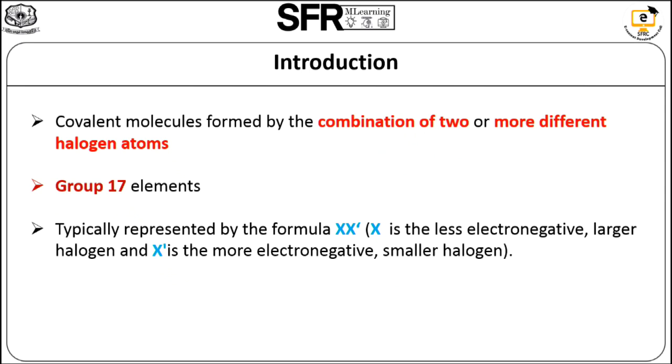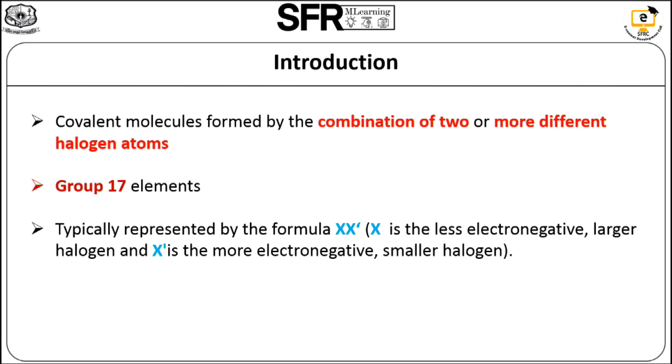These are the elements present in the halogen family, and they have the group number 17. So interhalogen compounds are formed by the combination of two or more halogens. The halogens may be of the same type or of different types. For example, chlorine combined with bromine, or chlorine combined with iodine, forms an interhalogen compound.